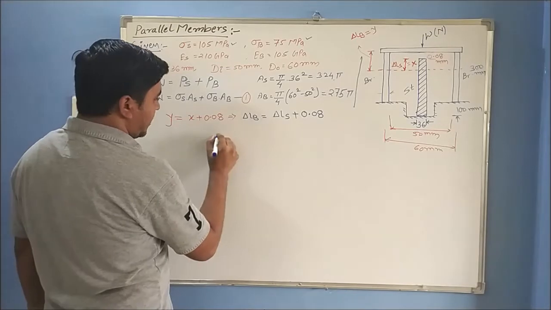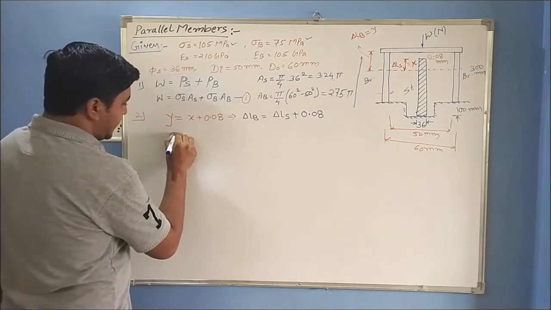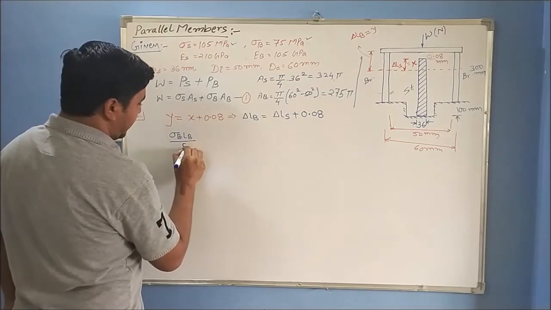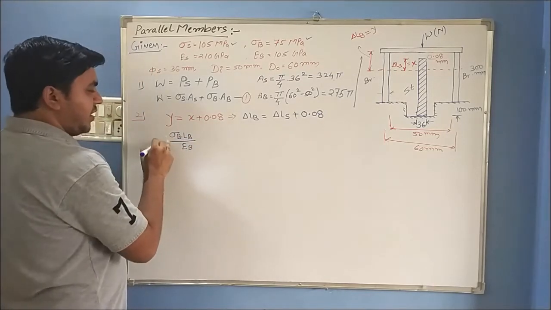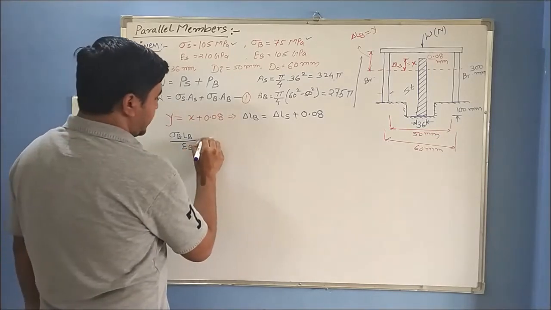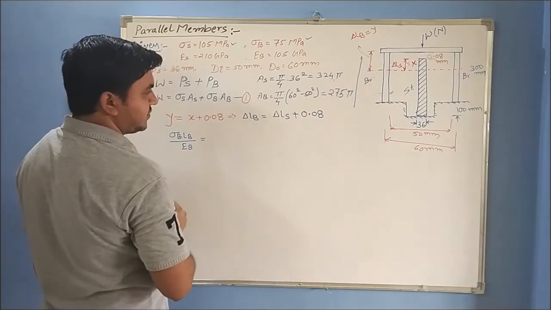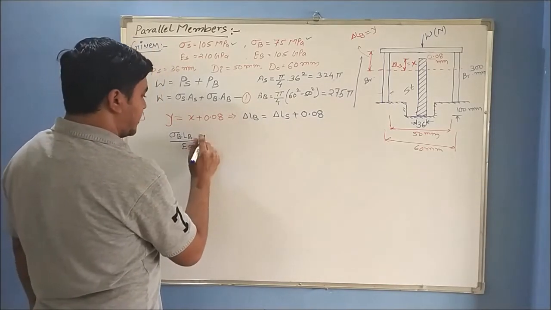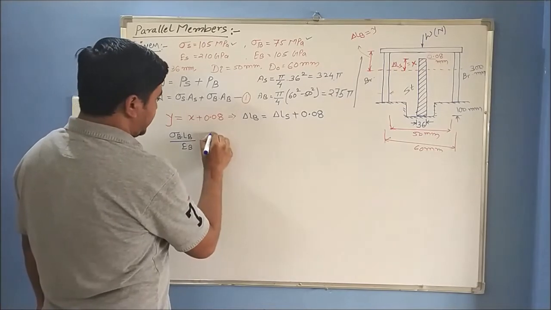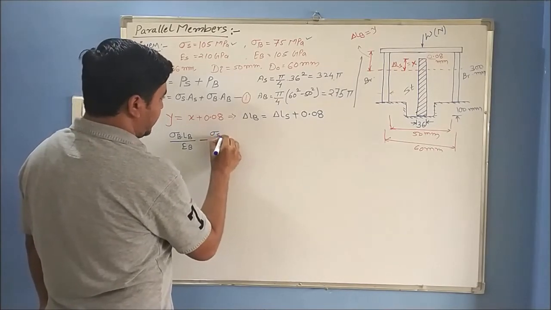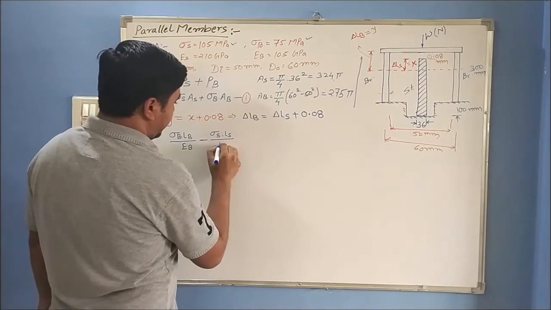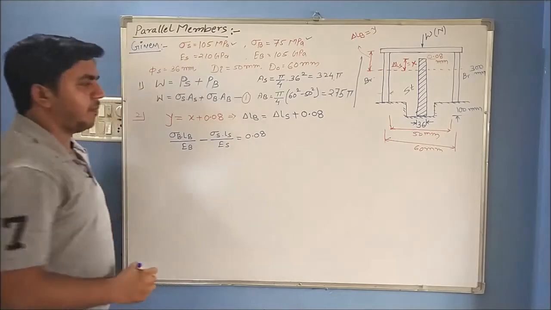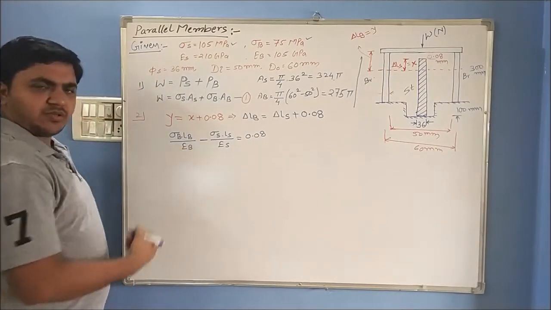So it is stress of brass into length of brass upon Young's modulus of brass, minus stress of steel multiplied by length of steel upon Young's modulus of steel, equal to 0.08. Let's solve this equation a bit further.